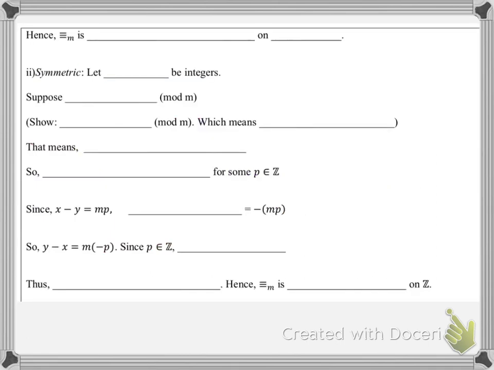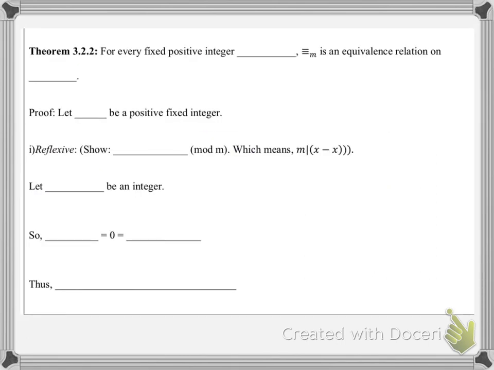Okay, so this is not right. Theorem, this number will change. So the new number is 3.23 for this theorem. And it says for every fixed positive integer m, congruent mod m is an equivalence relation on Z. Okay, so this is the proof, and I'm going to show reflexive and symmetric because I really want to keep the minutes down to 15 minutes.